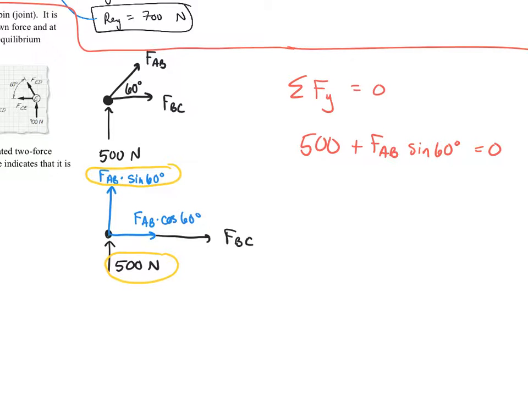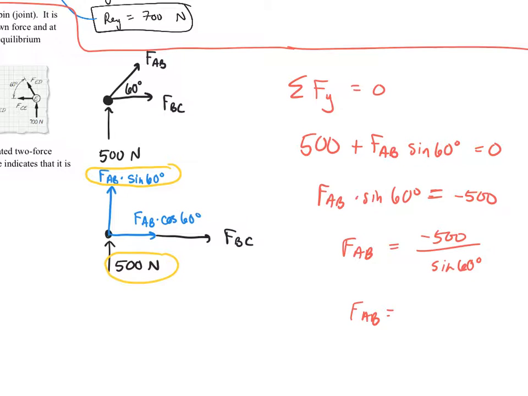So let's go ahead and solve for FAB. Let's move the 500 over by subtracting it, and let's divide by the sine of 60. What do we get for FAB? Negative 577.4.